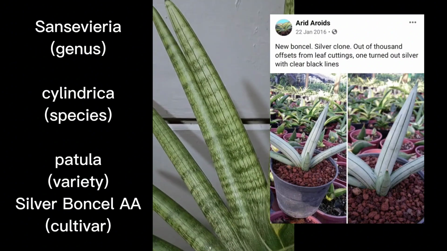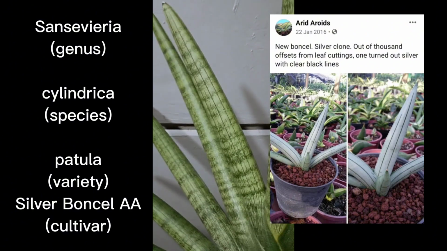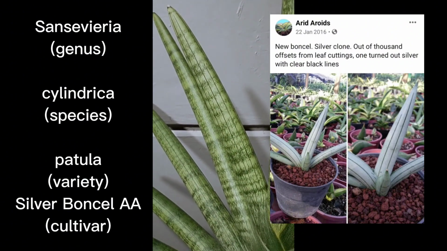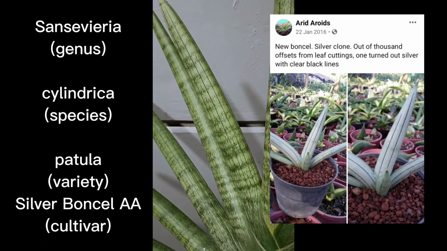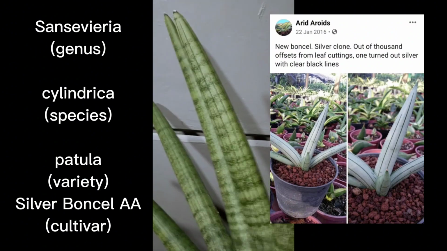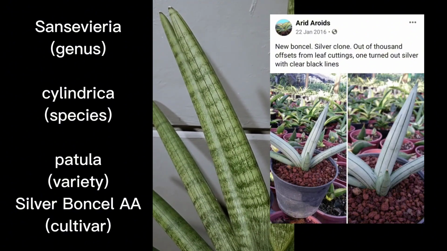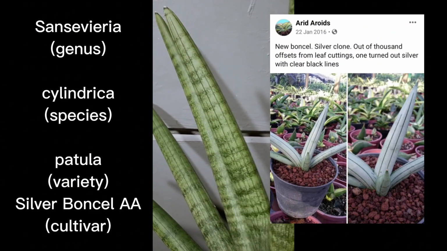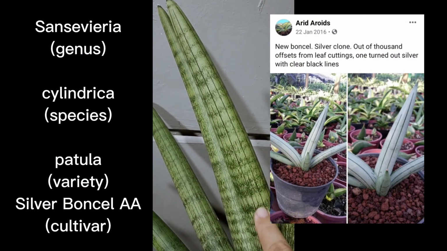So as you can see, it has become quite greenish in maturity, but as I have compared on the previous episodes, the regular Boncels, when they mature, they really get very dark and you won't be able to see the pattern.